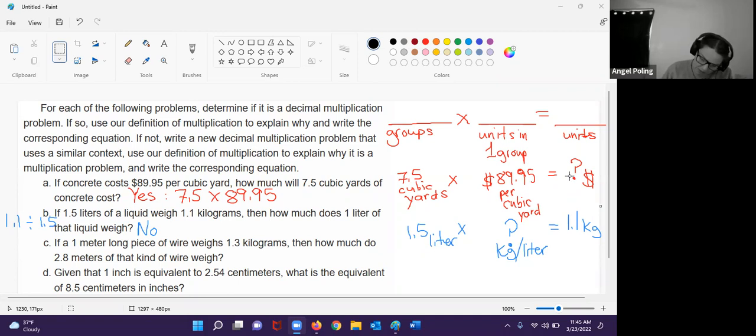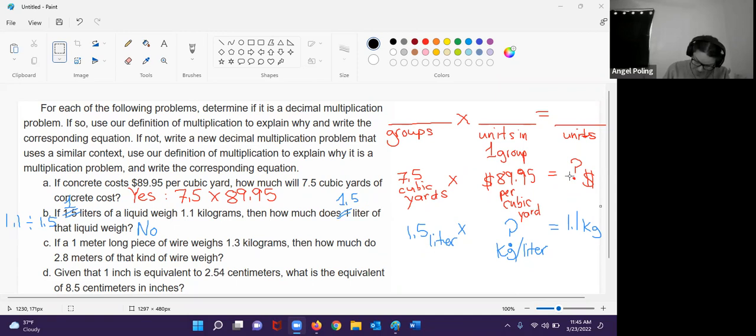So if 1 liter of liquid weighs 1.1 kilograms, then how much does 1.5 liters of that liquid weigh?